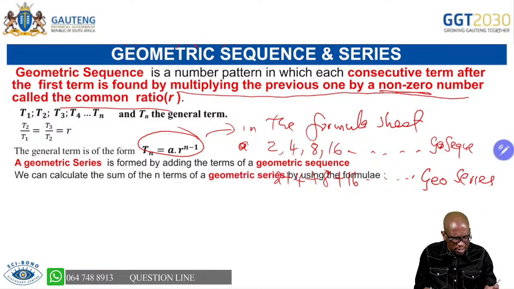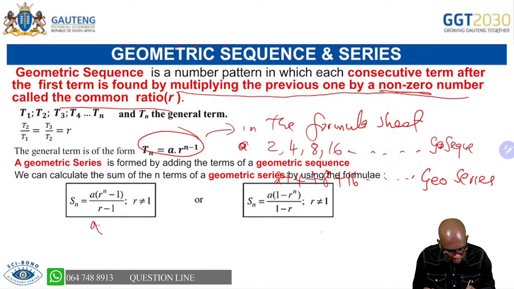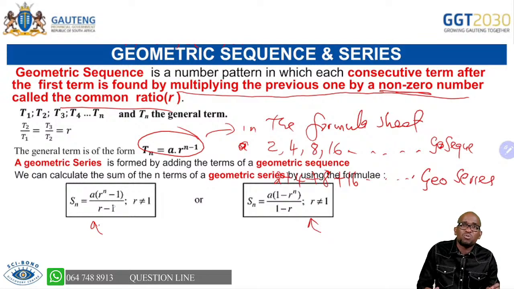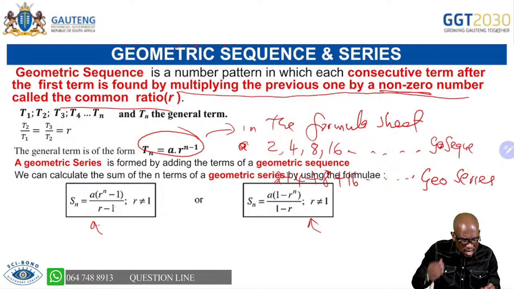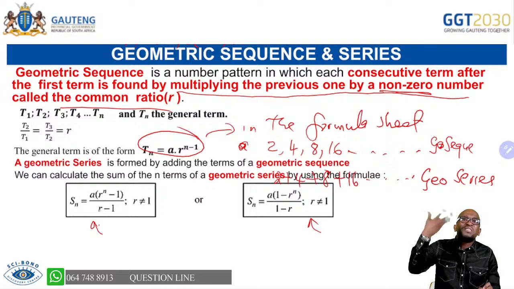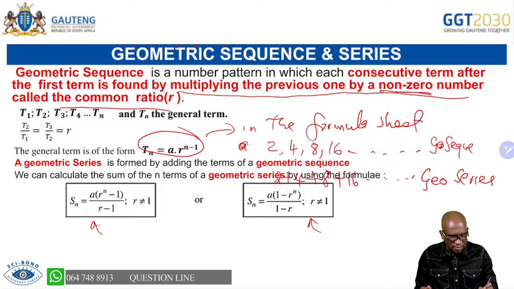So now let's look at the formula. We can calculate the sum by using the following formulas. The first formula is this one, and the second formula is this one. Remember, R cannot be equal to 1. It's a fraction, so there is a natural restriction: if R is 1, we would be dividing by 0, and dividing by 0 is undefined.